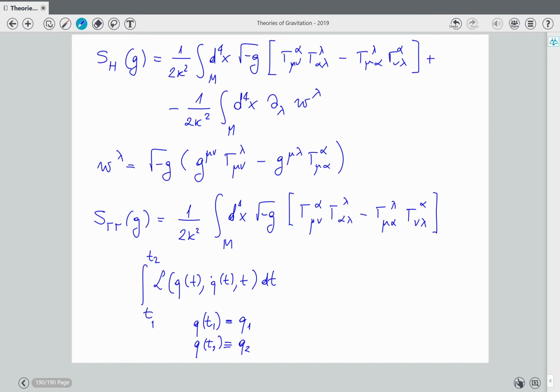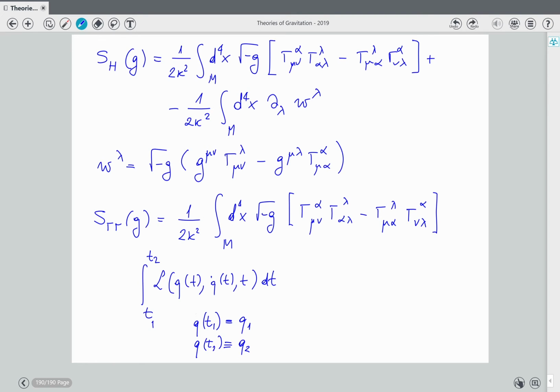Then you do your variation. You cannot, for example, do a variation with q1, q2 fixed, and q dot of t1 and q dot of t2 also fixed. Because if you fix positions and velocities, then you have only one trajectory. You don't have variations. You cannot find the field equations.